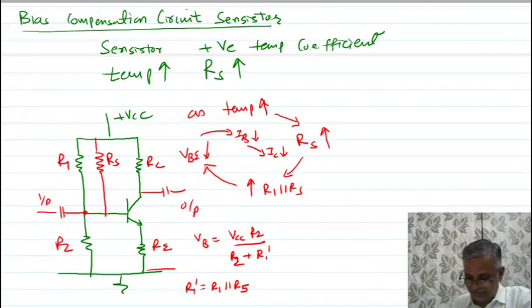So you can see here, as this increases, the denominator increases, so VB decreases. That's why I have written VB decreases. Base current decreases and collector current decreases. So in this way, collector current tries to remain constant with temperature. Another bias compensation circuit we will see next.